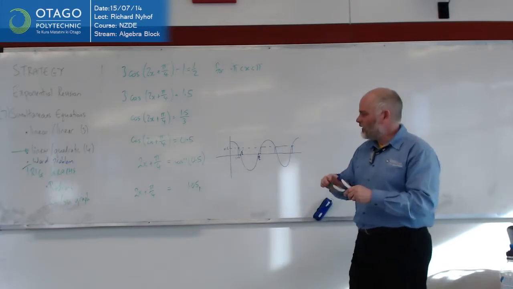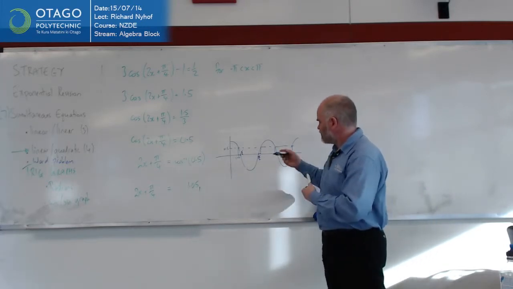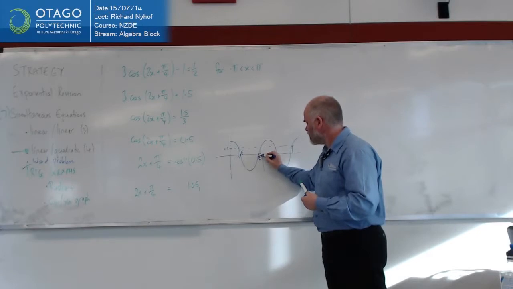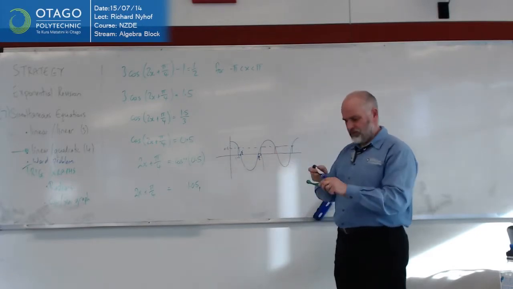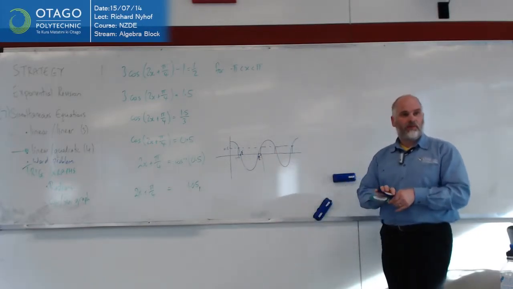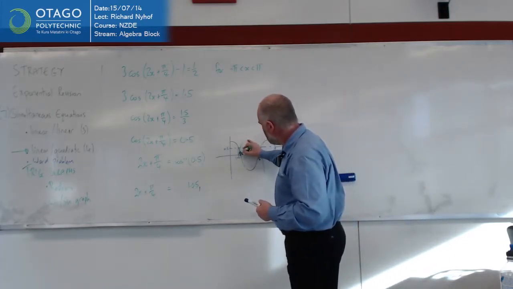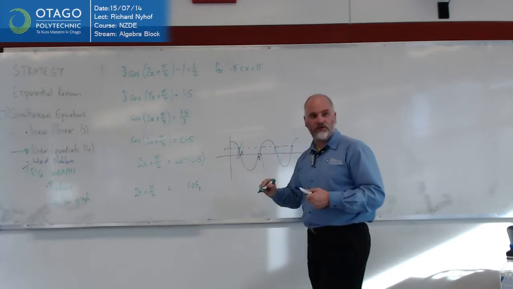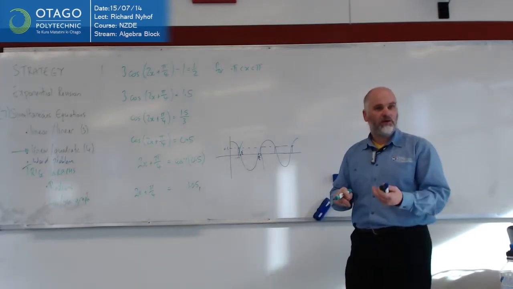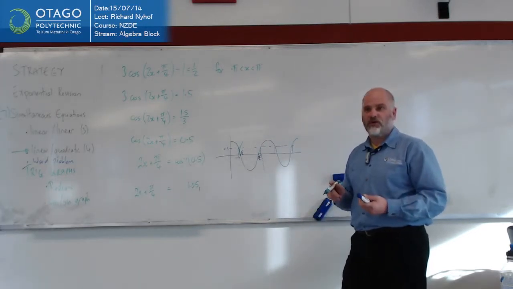Yeah, I agree that the next point we're trying to find is that little green bit plus 3 pi over 2. So you can work out the green bit. The green bit is pi over 2 minus 1.05. Someone do that for me.